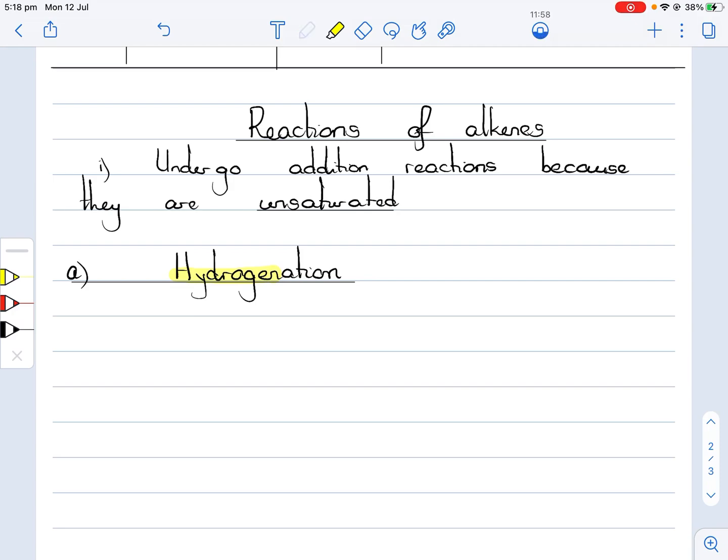Regardless of the example I use, you need to be aware that this reaction applies to all of the alkenes that we can come across. I'm going to use ethene as my first example that's going to undergo hydrogenation.